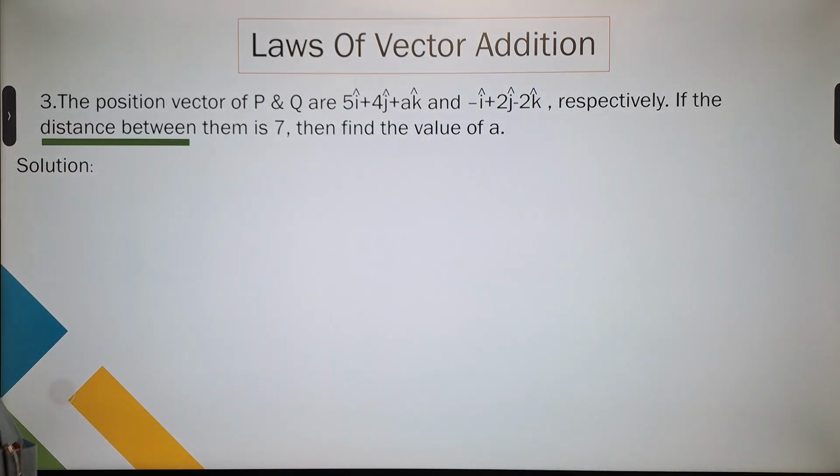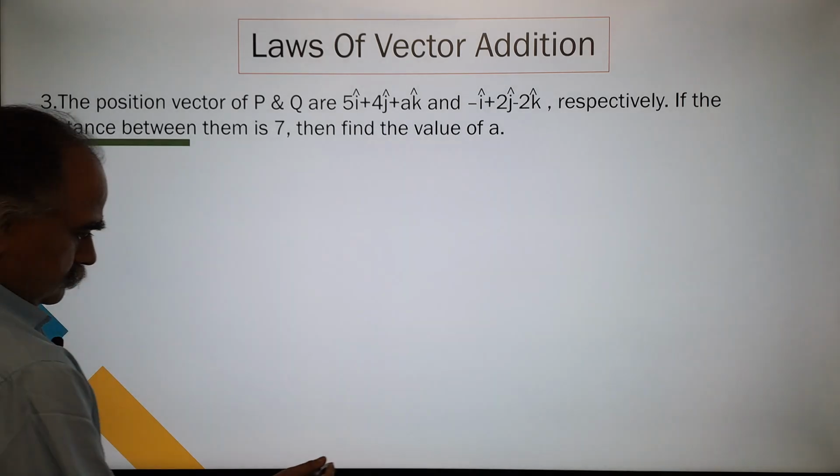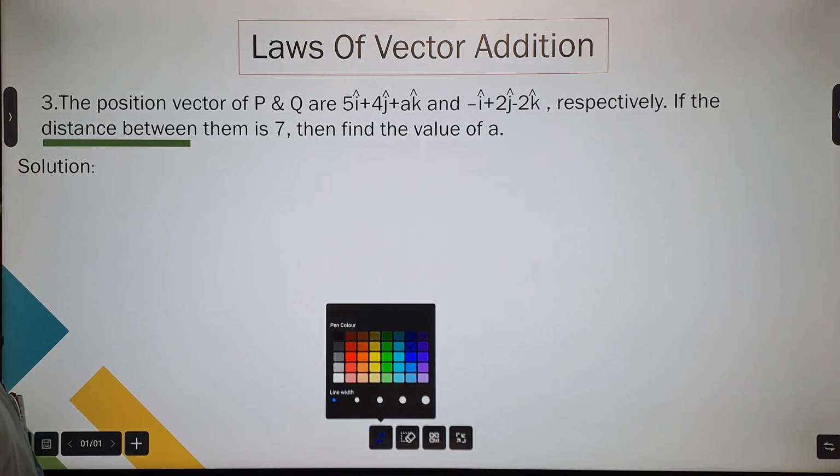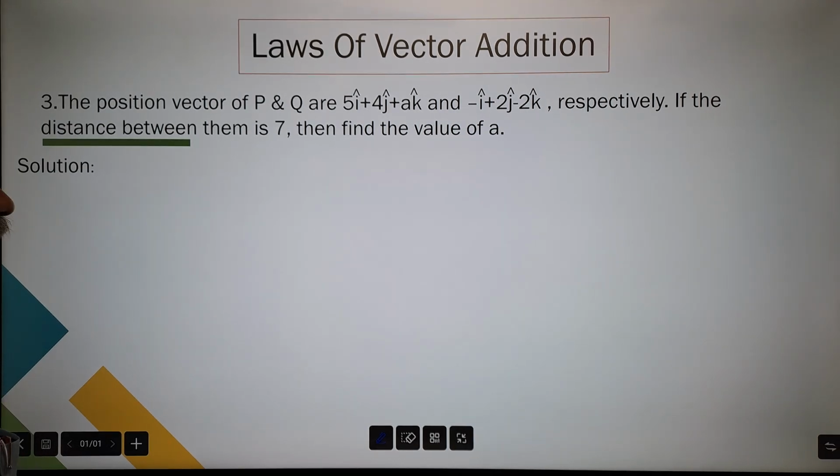Question number 3. The position vectors of points P and Q are 5i plus 4j plus ak and minus i plus 2j minus 2k respectively. If the distance between them is 7, then find the value of a.